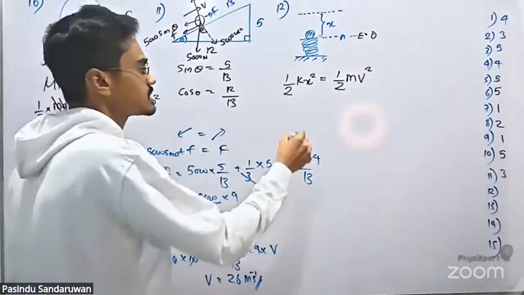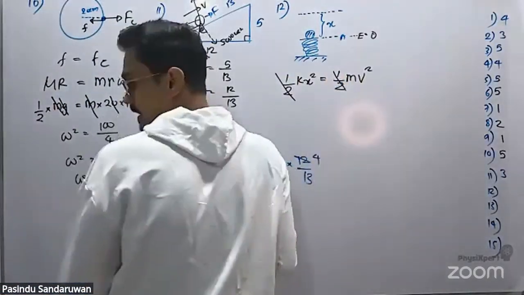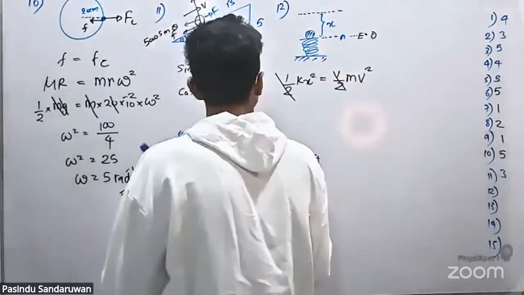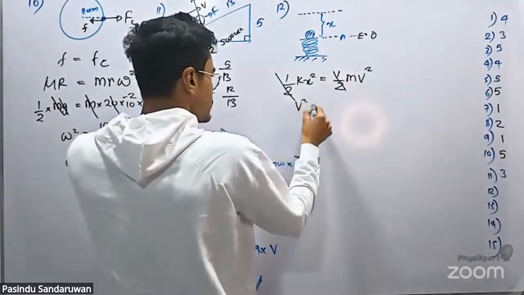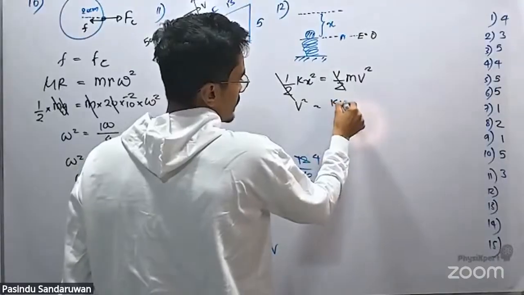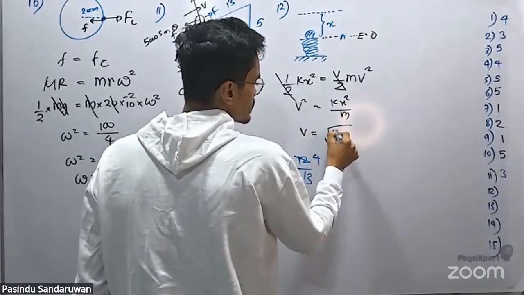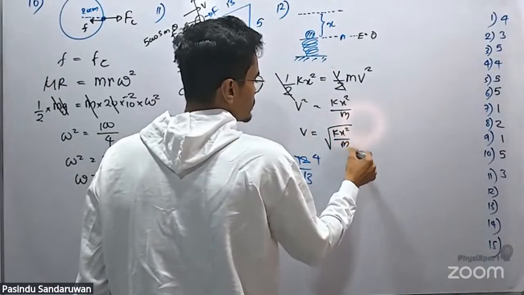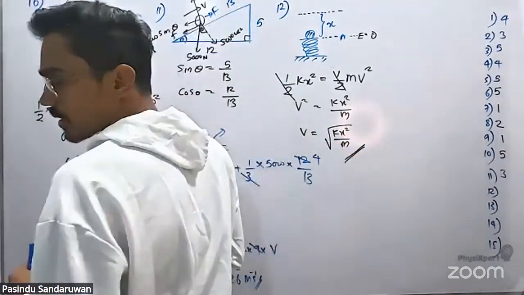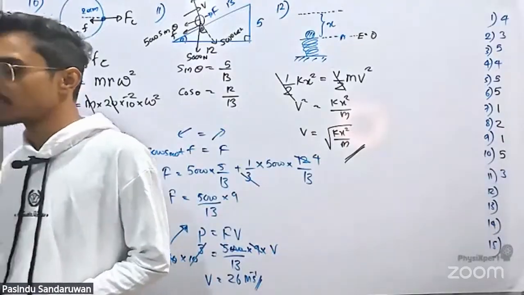Half to half cancels. Right? Then we need velocity. Okay, then v squared equals kx squared over m. V equals root kx squared over m. So x squared can be taken out if needed. Okay, it's not taken out.